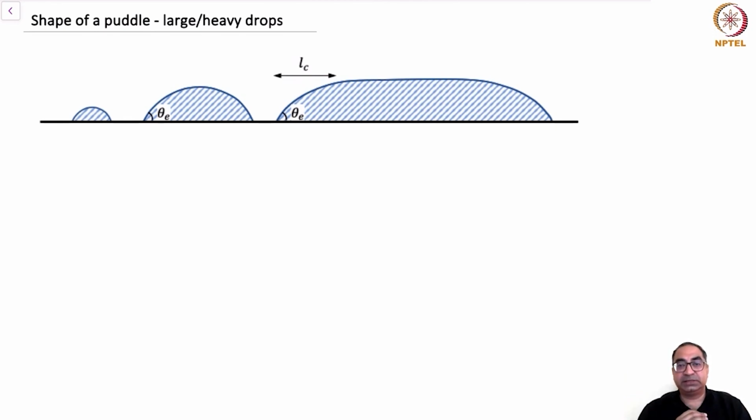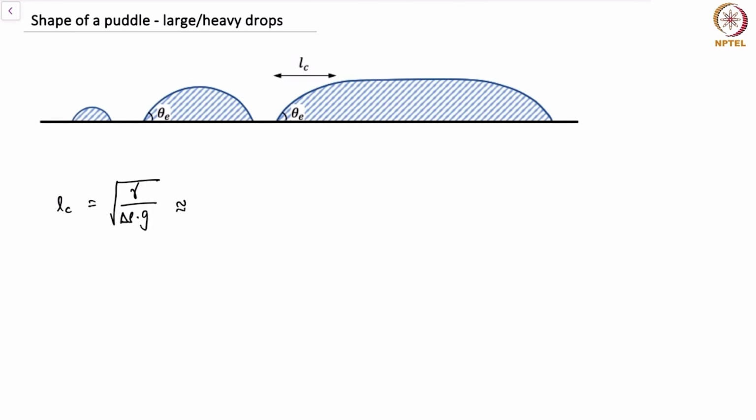So let us begin the analysis by first writing down key questions that are of interest to us, and then we'll do the analysis for a large puddle. If you may recall, we had defined the capillary length L_C, which is defined as the square root of gamma by delta rho g, or this is approximately gamma by rho g, typically because the density of the gas is so small compared to the density of a liquid.